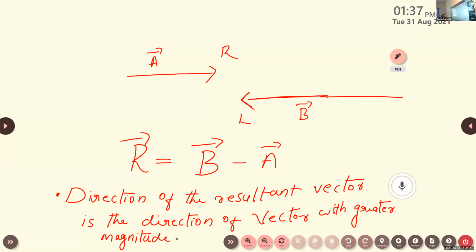Because here we are considering the vectors which are acting along opposite direction. So the resultant vector also has a direction, but the direction of that resultant vector depends upon the direction of the vector with a greater magnitude.